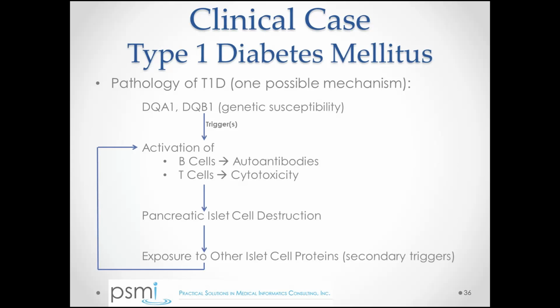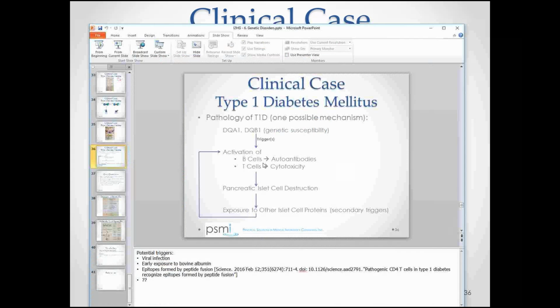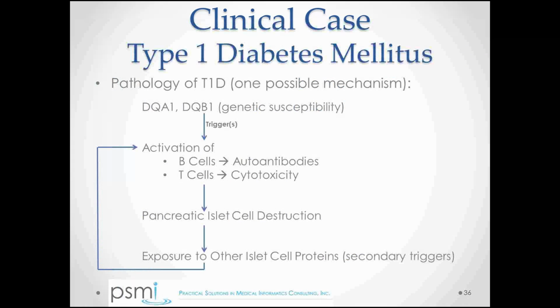And then there were some interesting studies, and I included some references in the notes in the slide deck. There's a Science article from last year that you can see if you grab the slide deck, where it appears as though, when we used to think about what are called neoantigens or foreign proteins in cancer cells, we thought, well, maybe what's going on is some genes are just being activated and they're surfacing proteins that the body's not used to.